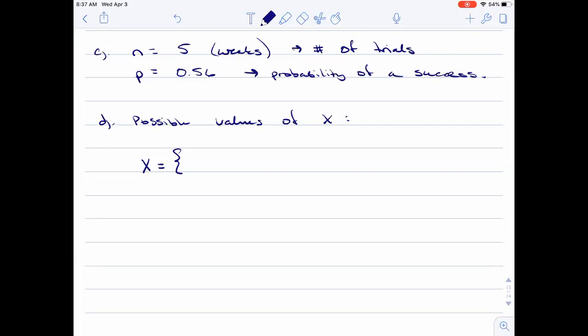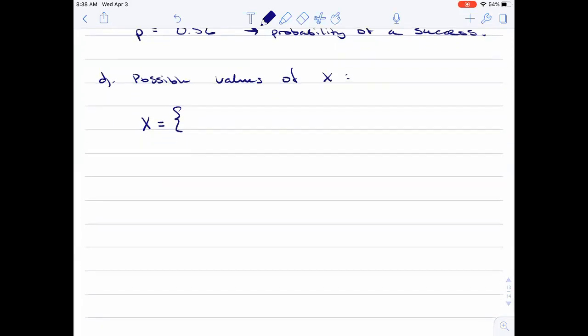And then we're just going to talk about, okay, what are the possible values of x? Well, x is the number of successes, right? So if we're looking at 5 weeks, in 5 weeks, I can have 0 successes. You don't want to forget about 0 successes. It can happen, right? That it's decreasing, decreasing, decreasing, decreasing. That happens, right? So we could have 0 successes. We could have 1, 2, 3, 4, or 5. So 0, 1, 2, 3, 4, 5, and curly bracket.